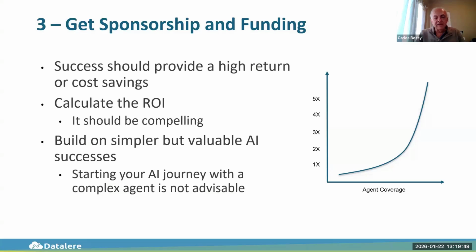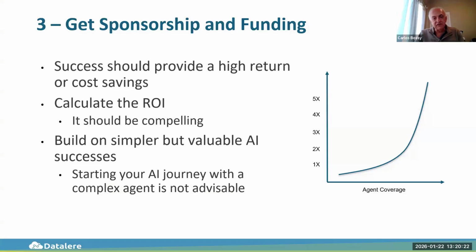So I think this is where you go for funding, because if you put together a true ROI in introducing an agent to your organization, the ROI should be compelling. It should make people look and go, we're going to get back a lot of money on this. It's going to be a great investment for us. So a way to approach this is to try to find something simple but that has high impact.